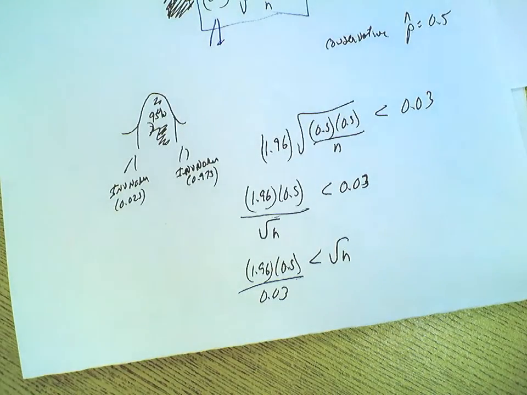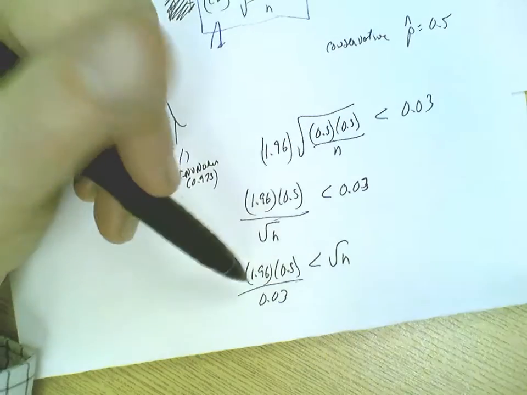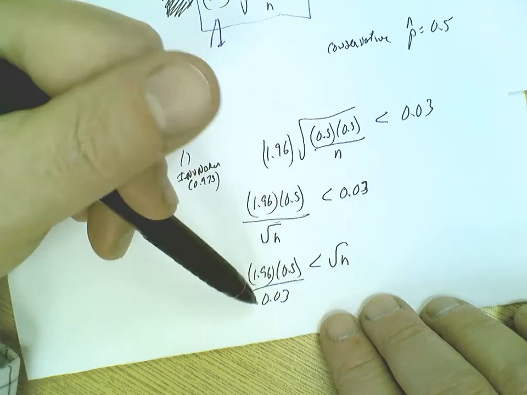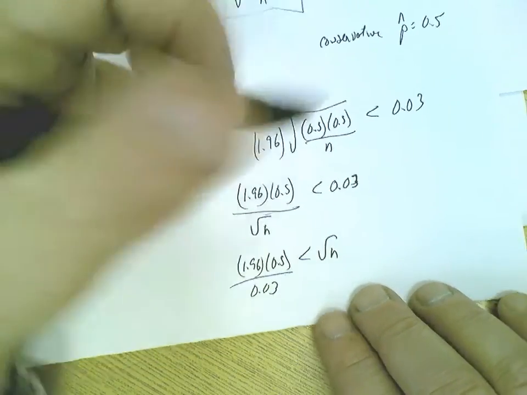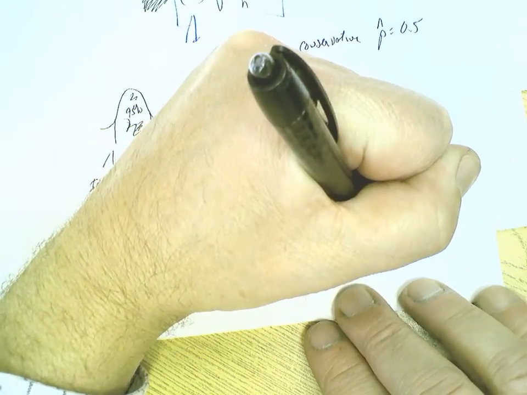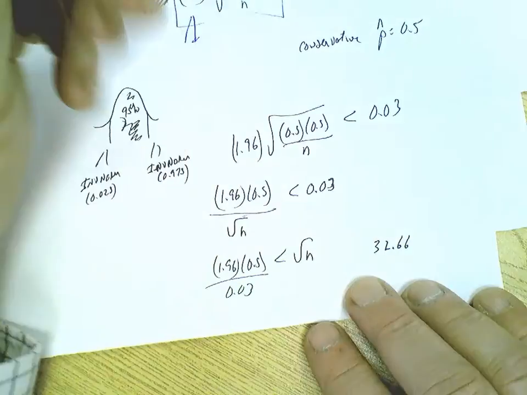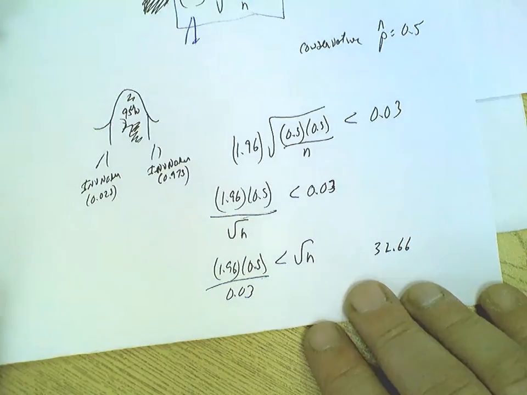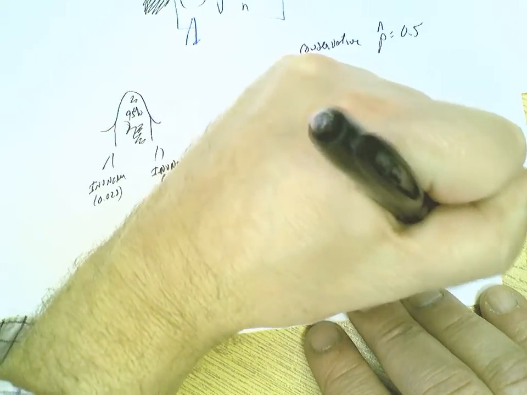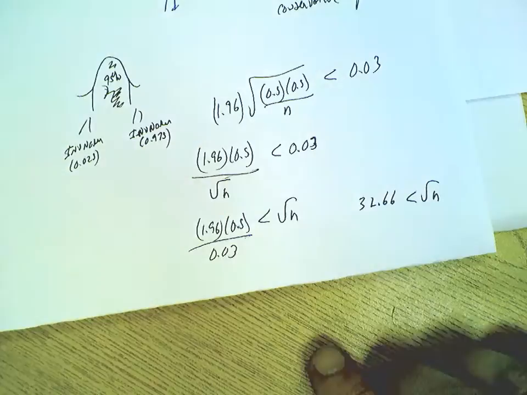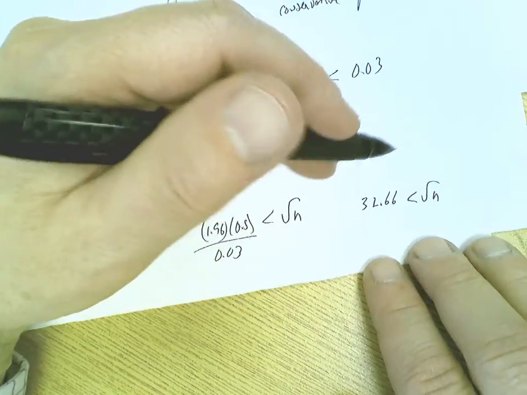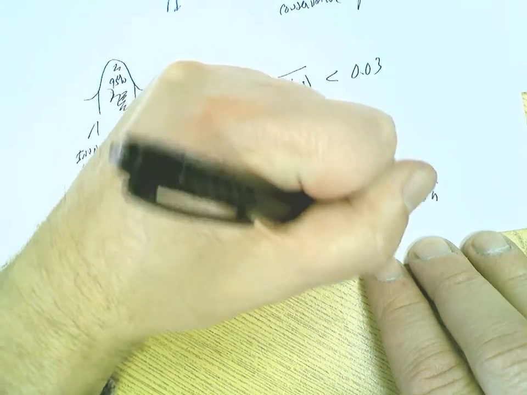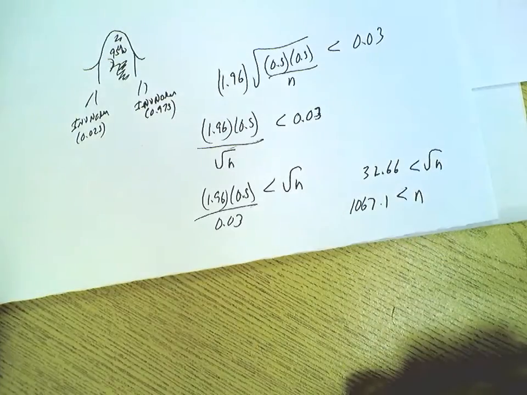On the calculator, 1.96 times 0.5 divided by 0.03 will produce 32.66, and so on and so forth, a repeating decimal, is less than the square root of n. I'm going to square this. 32.66 squared is 1067.1, which is less than n.